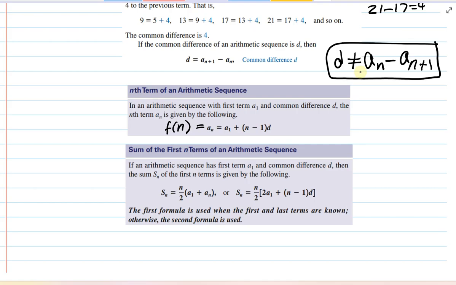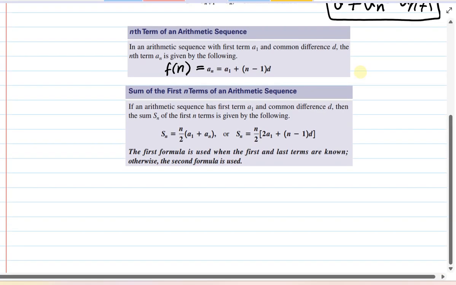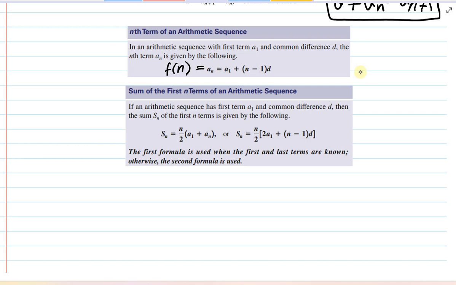In the case of an arithmetic sequence, there is a formula, and we can use this formula that you see. The derivation of the formula is in the book, so I'm just going to skip over that part. It's not difficult to derive, but we're just going to be users of it, not derive it. This formula is called the nth term or the general term.